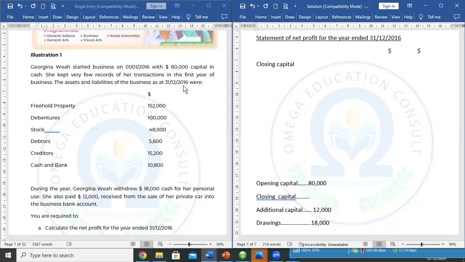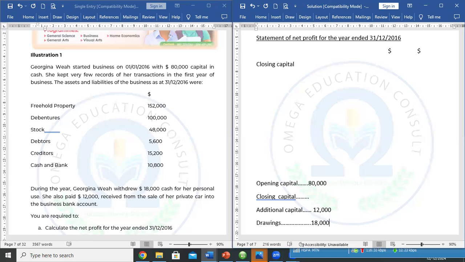If you have assets and liabilities, then of course you can use the accounting equation: asset equals capital plus liabilities. So if you're looking for the capital, it's asset minus liabilities, which of course means you are preparing your statement of affairs. So here, for us to be able to get the closing capital, we need to prepare the statement of affairs.